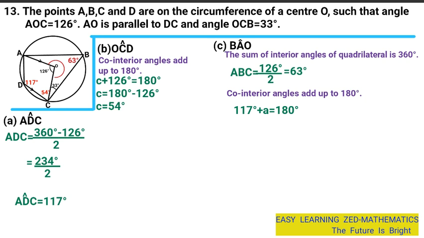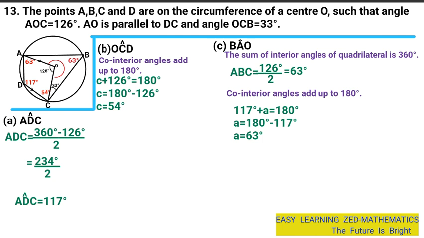Angle A is equal to 180 degrees minus 117 degrees, which gives us 63. So the value of angle DAO is 63 degrees, which I have also written there.